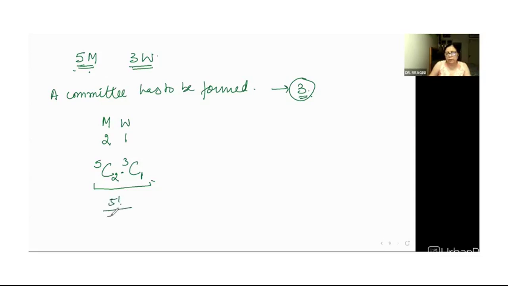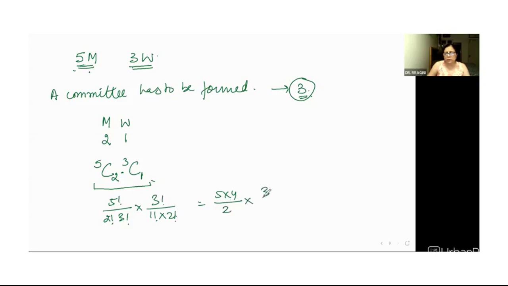5 factorial by 2 factorial and 5 minus 2, 3 factorial, multiplied by 3 factorial by 1 factorial into 2 factorial, right? So this is 5 into 4, 3 factorial got cut, 2.